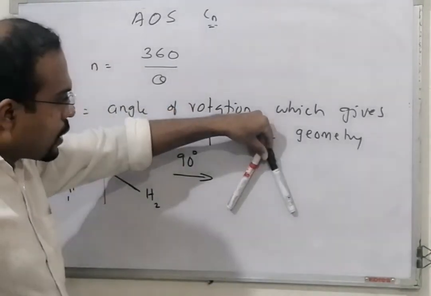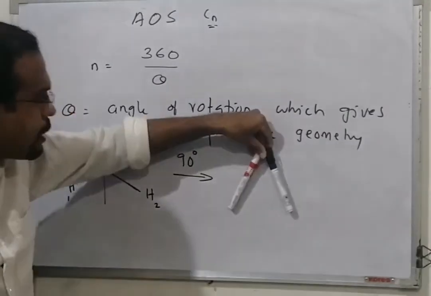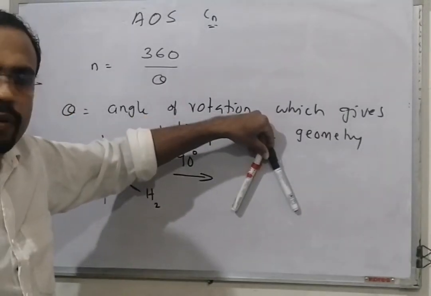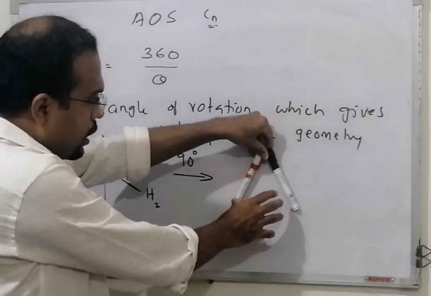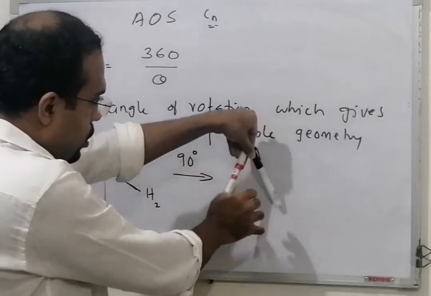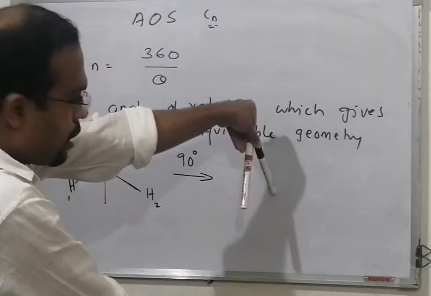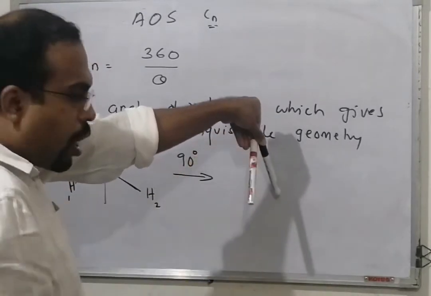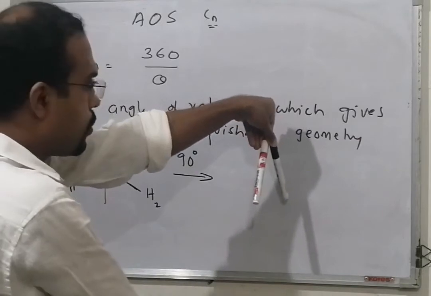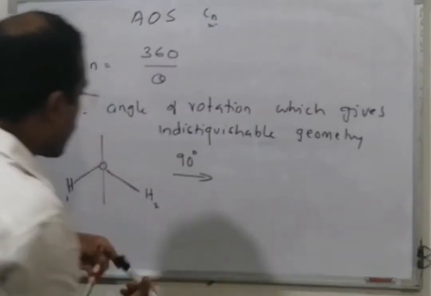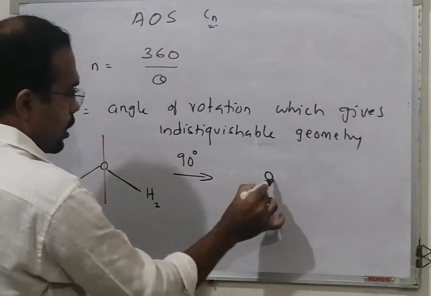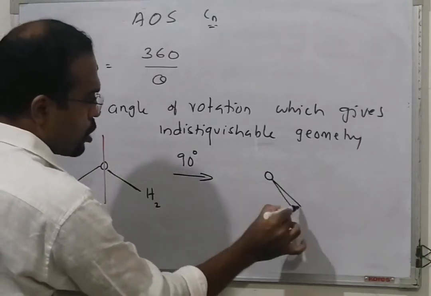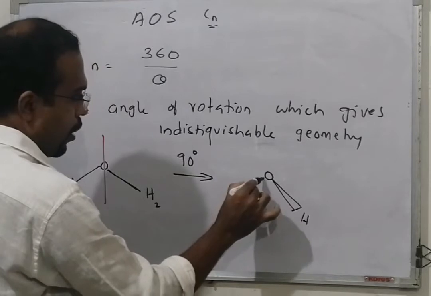Now you rotate it by 90 degrees. If I rotate 90 degrees, it will be like this. Am I correct? Yes. This is towards you, this is away from you. How do you represent that? Oxygen here, and that is towards you, away from you.